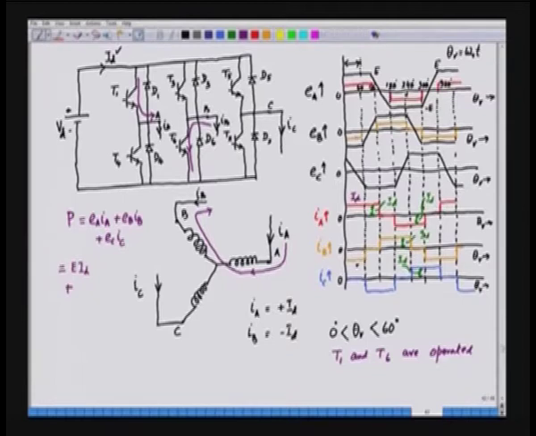So, the power here is minus E into minus ID. And what about phase C? In phase C the current is 0. So, phase A current is positive, phase B is negative, and phase C is 0. So, phase C does not contribute to any power for the first 60 degrees.